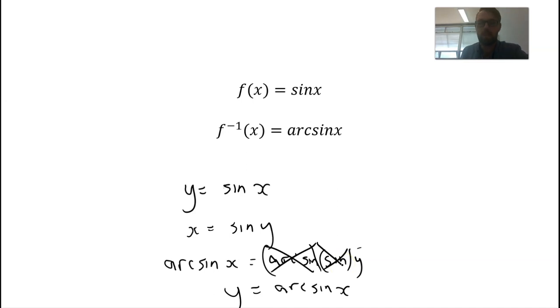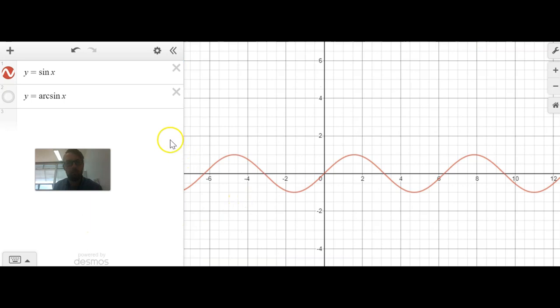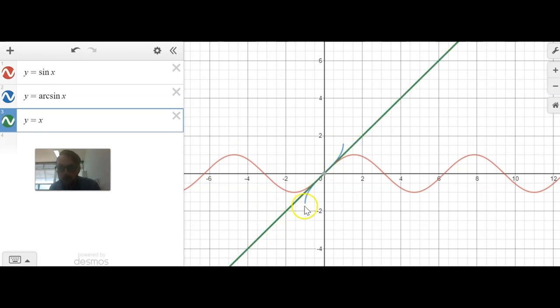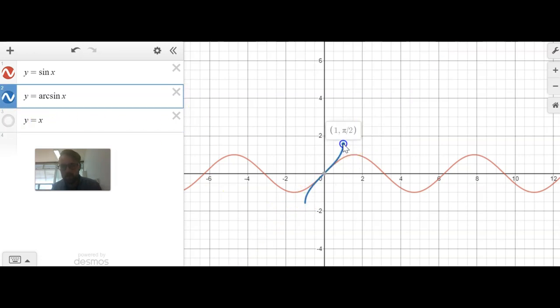But it's really cool when you have a look at the graph of these. Okay, now if we draw our sine of x, we all know what that looks like. Now if we draw our arc sine of x, we can see that this is forming, if I put my y equals x in there, it forms like a mirror image around that, except it stops at this point, pi on 2 and 1.